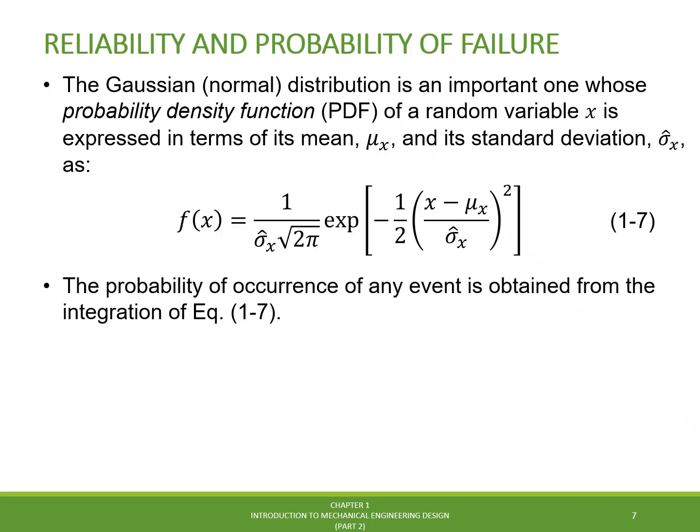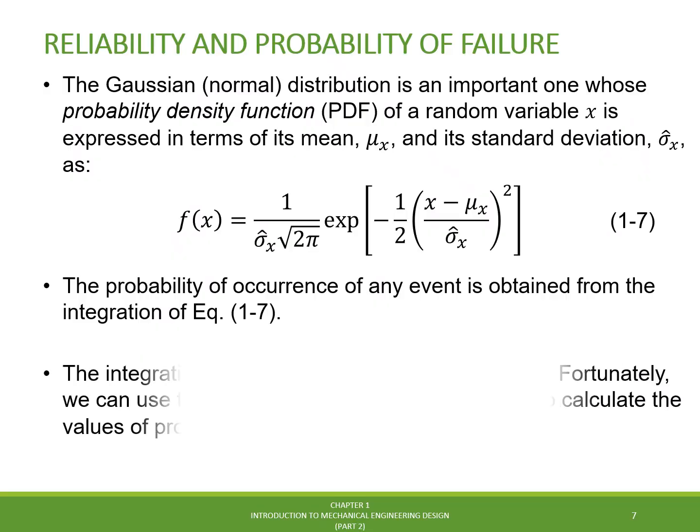So if we integrate this equation, we are going to be able to calculate the probability of occurrence of any stress or strength value within and outside the uncertain interval. As you can see, the integration of this equation is going to be very difficult if we're going to do it by hand, and we're not going to do it.